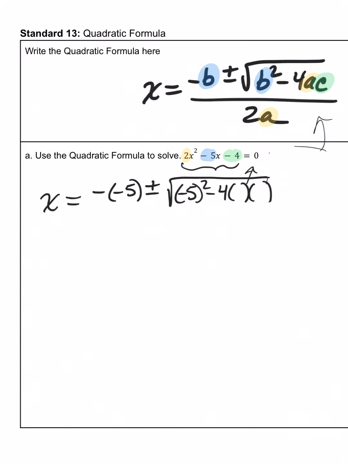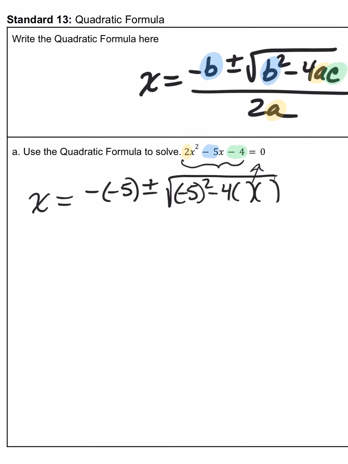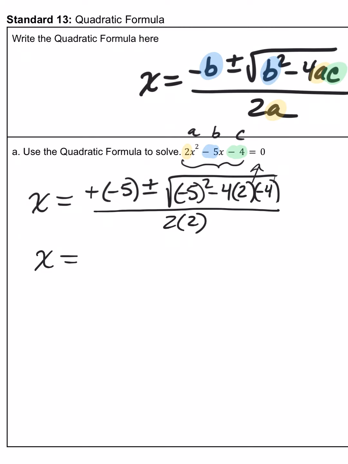Let me zoom in. So we have 4 times a times c. A is 2, c is -4, because we have a, b, and c. And it's all over 2 times a, which is 2. Perfect. So x equals -b plus or minus this.